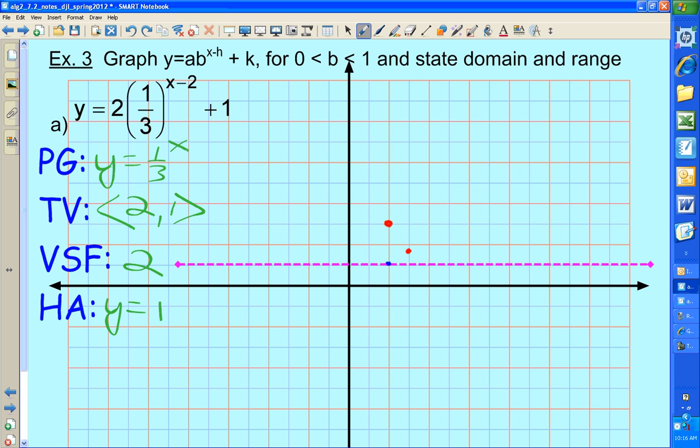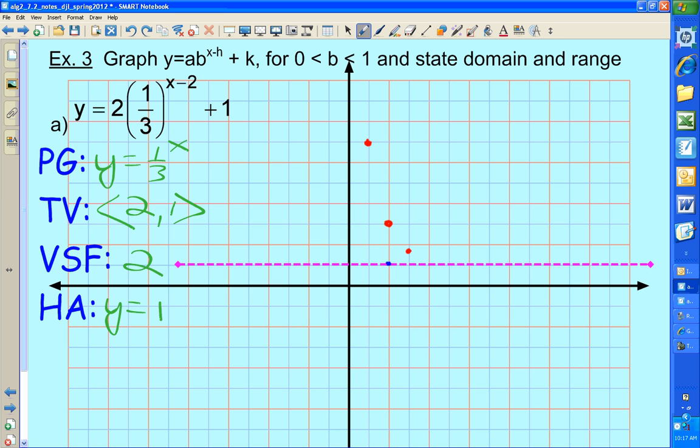Left 1 up 6 in our graph. Notice, again, I don't care what the point values are. It doesn't matter to me. I'm not making t-charts. If you plug in a 1 for this equation, you're going to get 1, 7. But there's no need to do that.